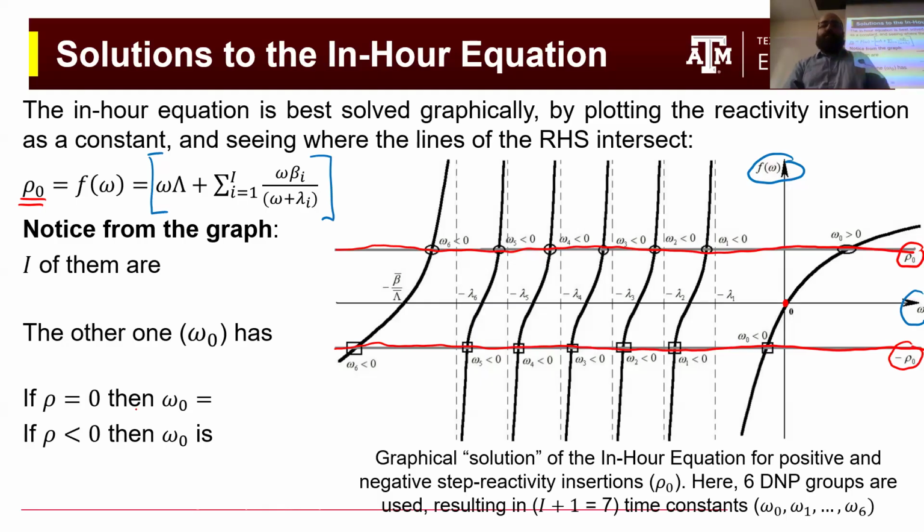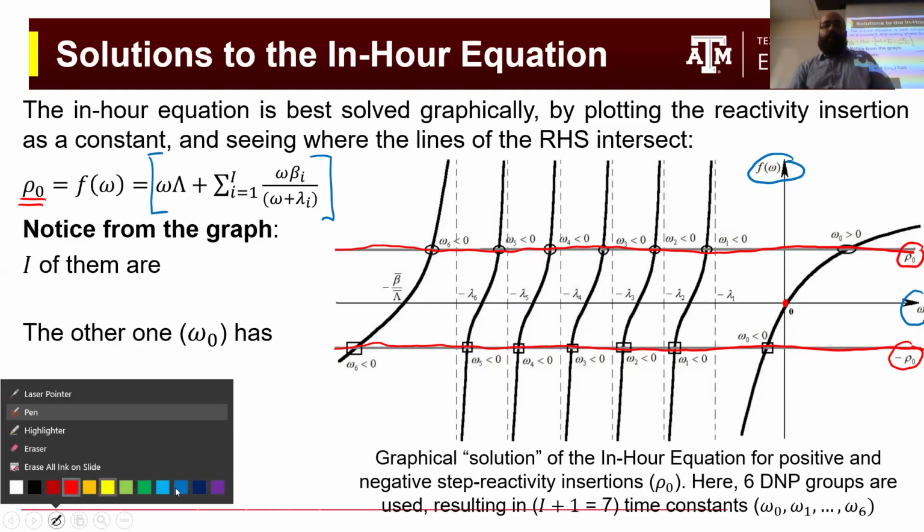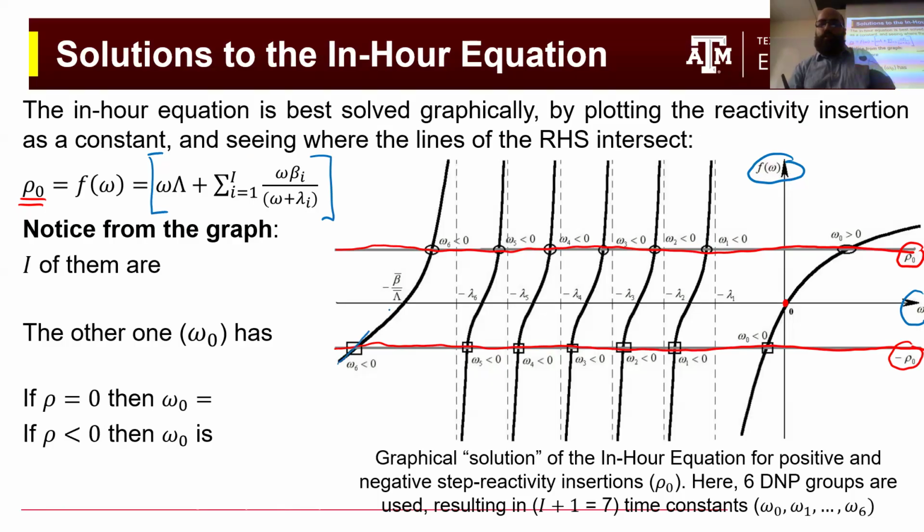So if you were to plot what's in the blue, the right-hand side, that's going to give you all of these curves. I'm not going to draw too much on this graph because I don't want it to get horribly cluttered, but what I'm showing in blue is just plotting this function as a function of omega.